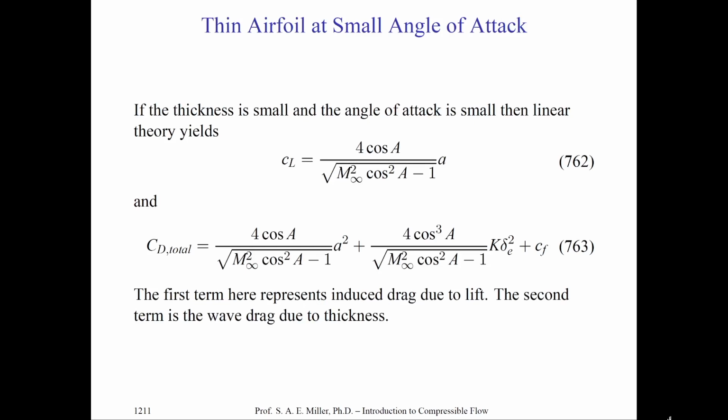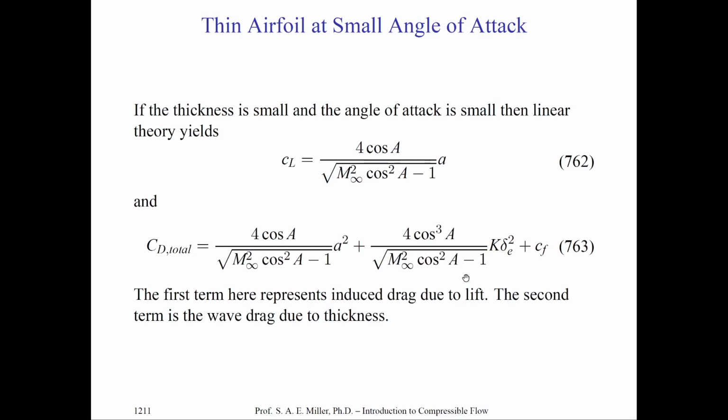We can see that the first term in the coefficient of drag is induced drag due to lift. You can see its relation because A cosine A over the square root of m infinity squared cosine squared A minus 1 is the same as the first term in the coefficient of lift equation. And so indeed the coefficient of drag should be related to the coefficient of lift with an extra angle of attack term squared.